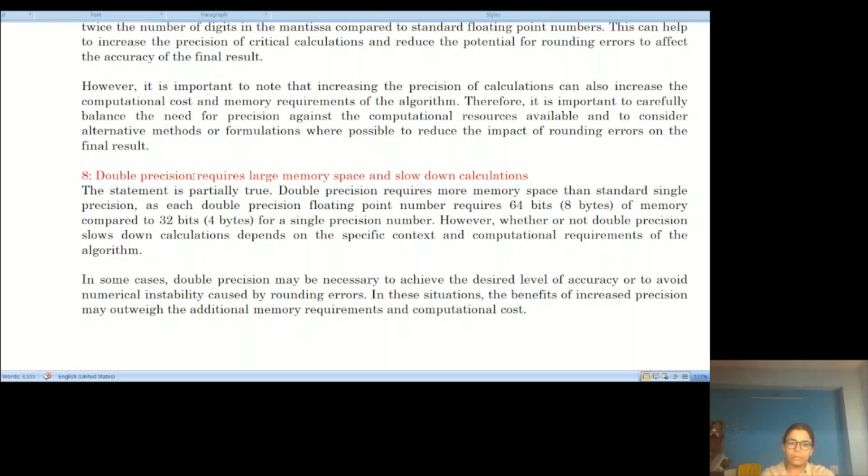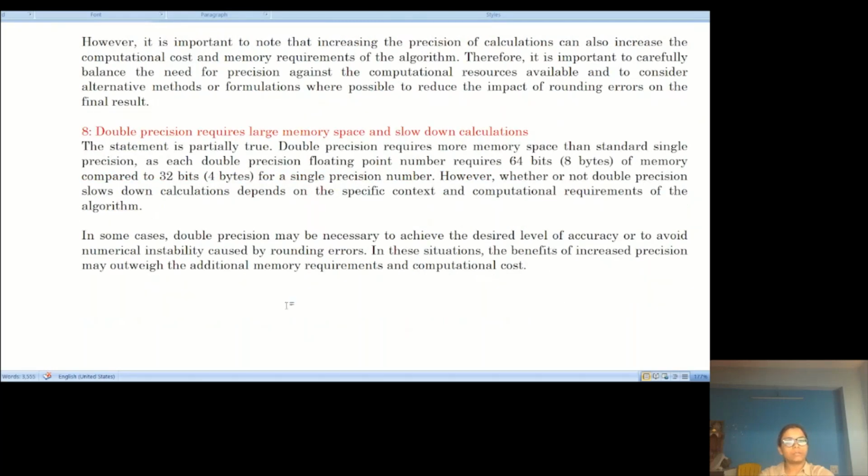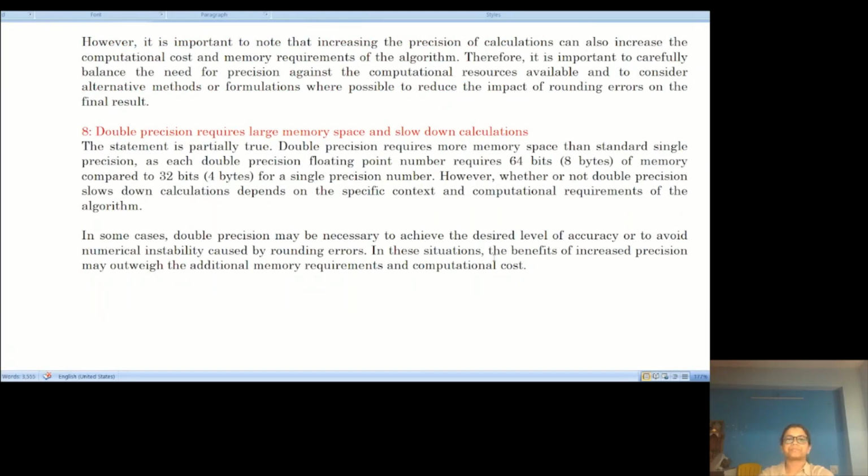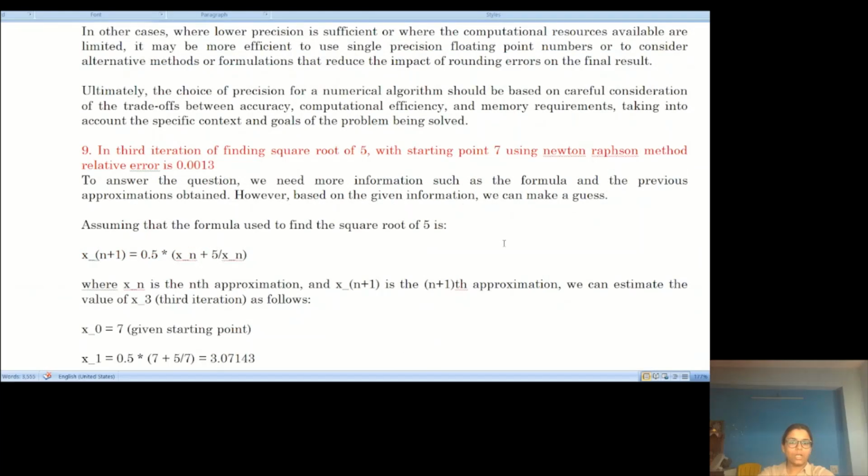Double precision requires larger space if the desired level of accuracy is to be achieved and to avoid numerical instability caused by rounding errors. In these situations, the benefit of increasing precision may outweigh the additional memory requirement and computational cost. So it is true that double precision requires large memory space and slows down calculation.